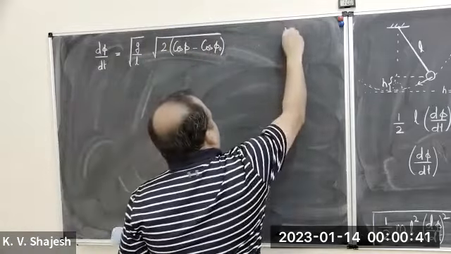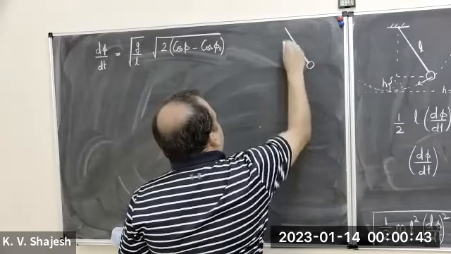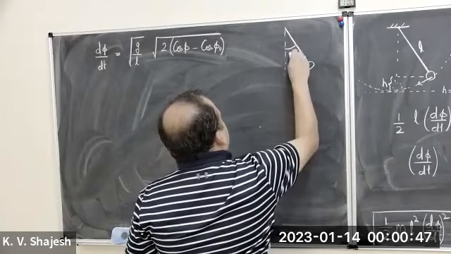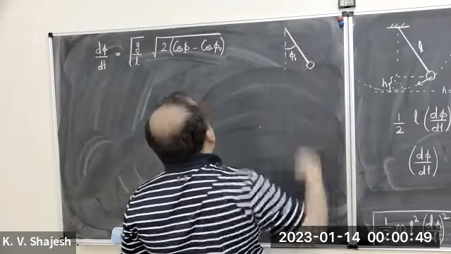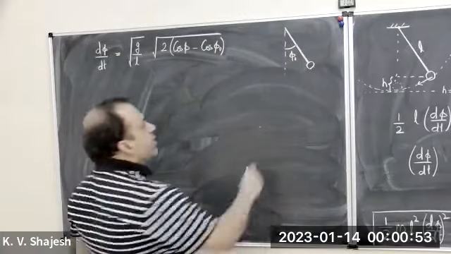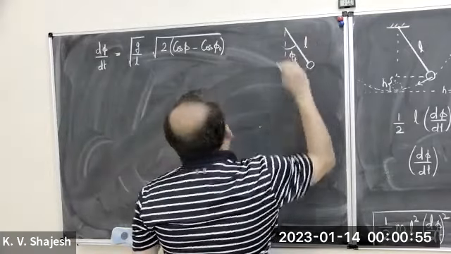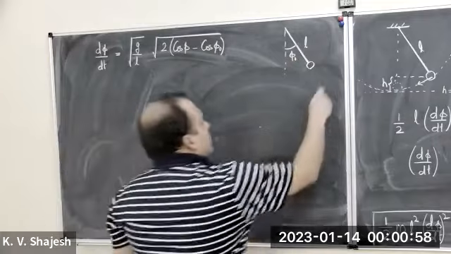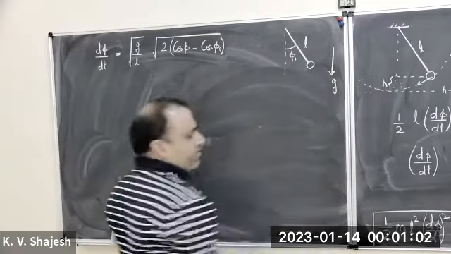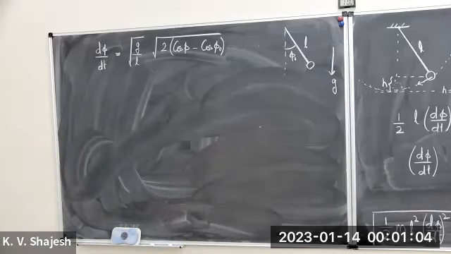Just to have a reference here, that's your pendulum, phi naught is the initial angle, phi is the angle at any one point in time, and that's your length L. G is associated to the gravitational force that Earth is exerting.